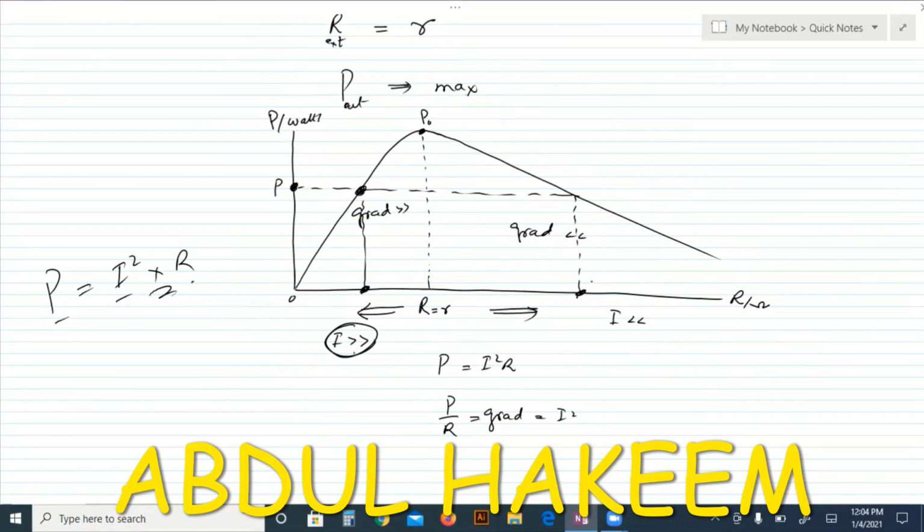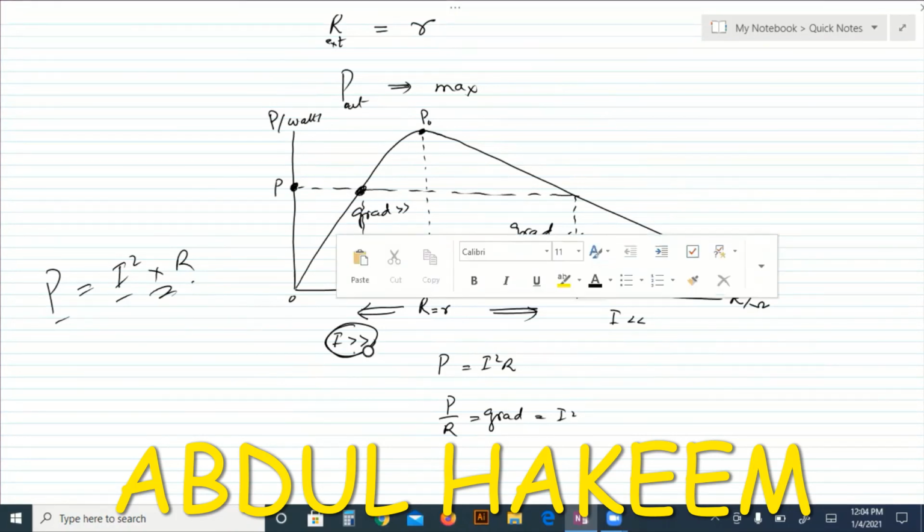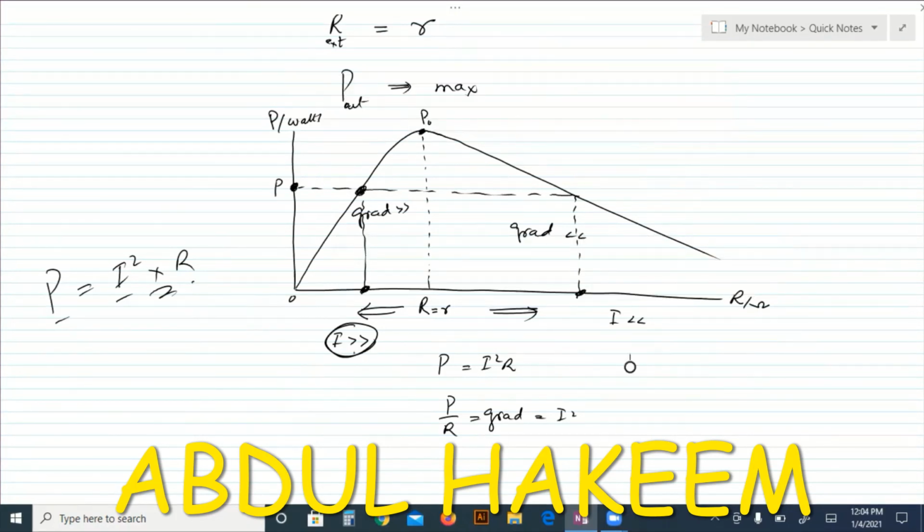So any value of the power smaller than the maximum can be achieved twice at two different resistances: at small resistance because the current is large, at larger resistance because the current is small, and the power is the product of I square and R.